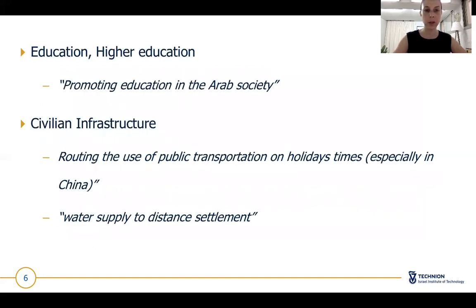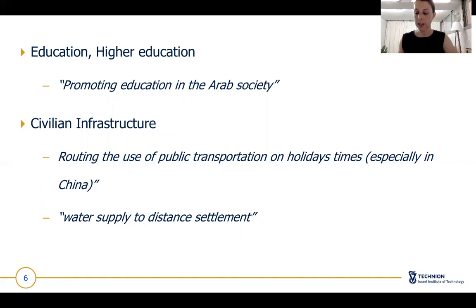Another example were for education and higher education. One example is promoting education in the Arab society. Civilian infrastructure, where one example is routing the use of public transportation on holidays time, especially in China.